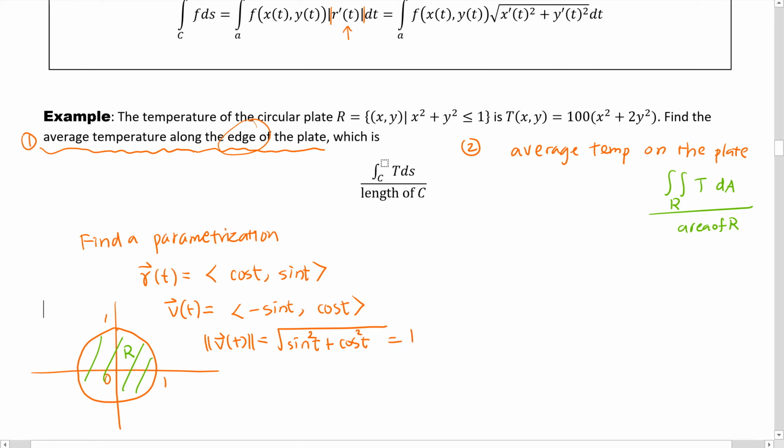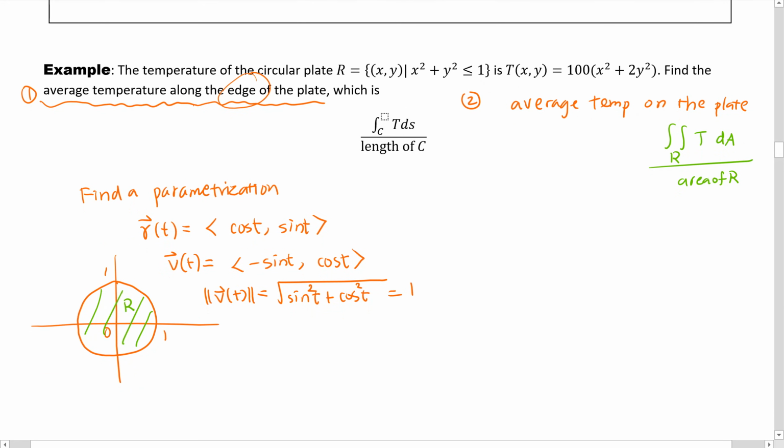So let's see here. What do we get now? The line integral is, t goes from 0 to 2 pi of T, the temperature, but we plug in x equals cosine t.